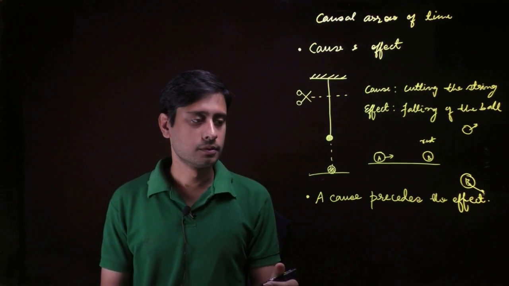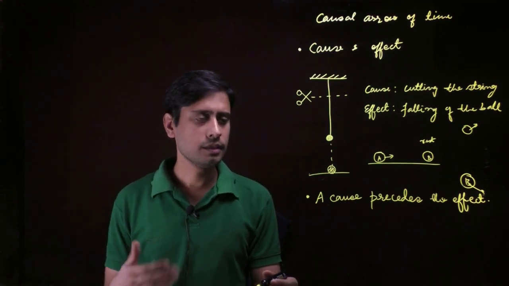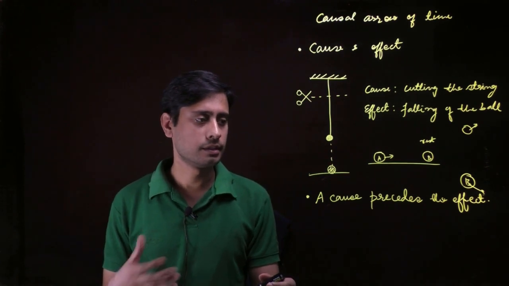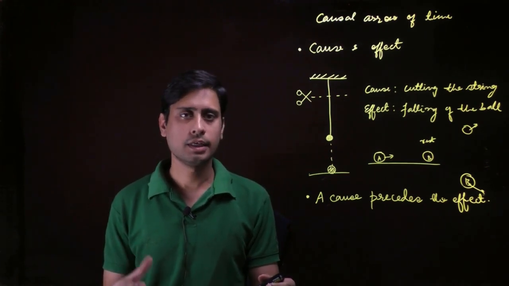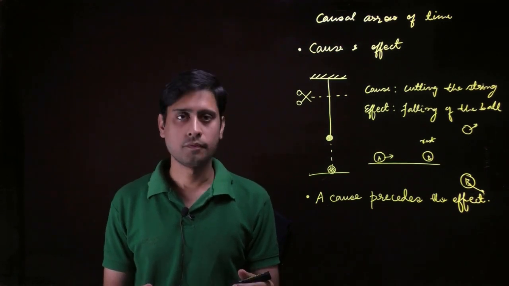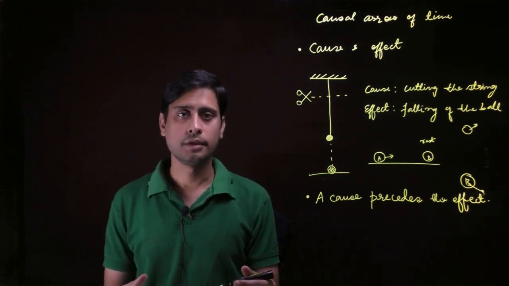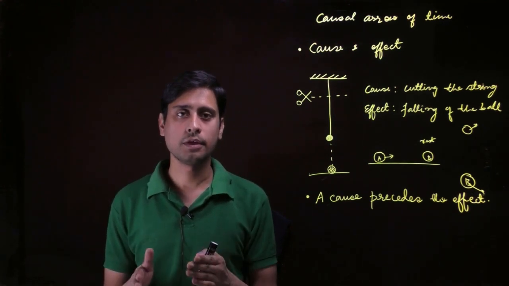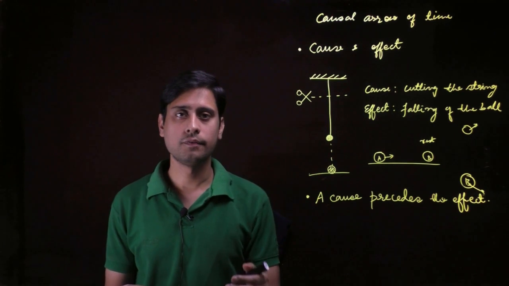So there is some kind of directionality in this, and this directionality is referred to as the causal arrow of time. Whenever we find any event happening, you will find that there must be a cause and there must be an effect.